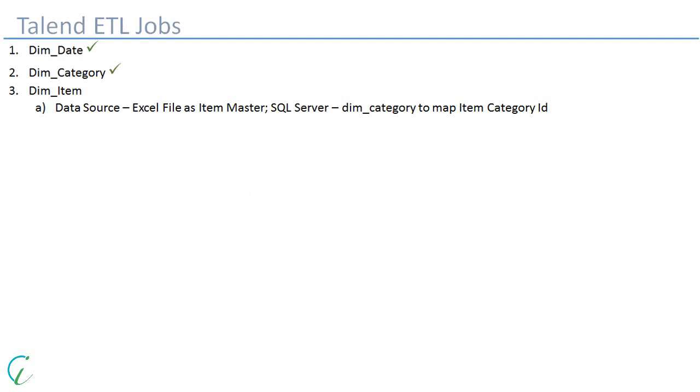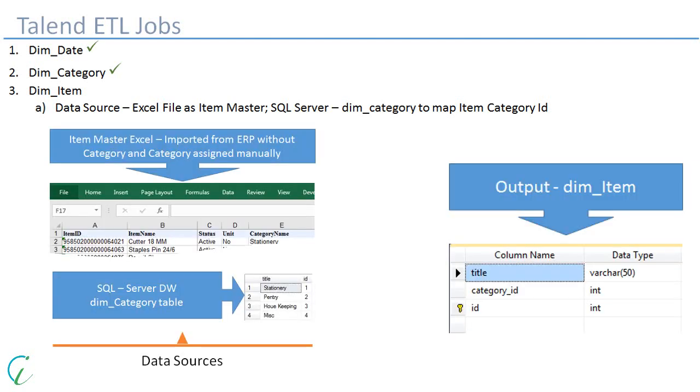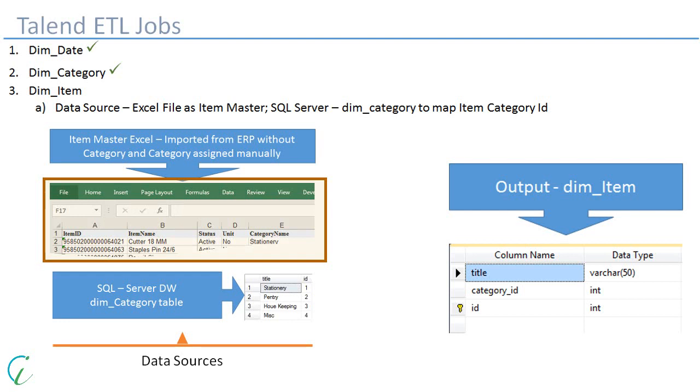So it is time to run the dim item job in Talend. To generate the dim item table, we have 2 data sources. First is an Excel file, which is exported from the ERP system, but it didn't have item categories. So item categories are assigned manually.